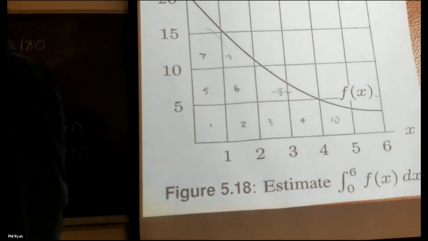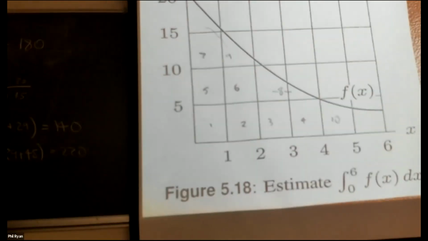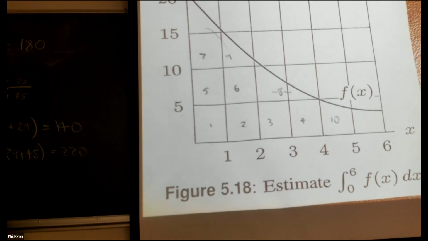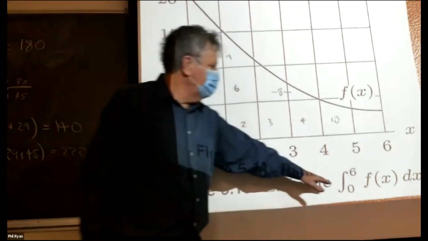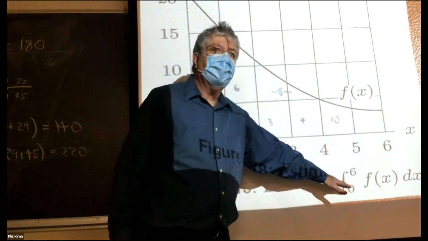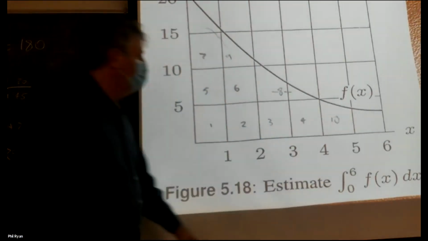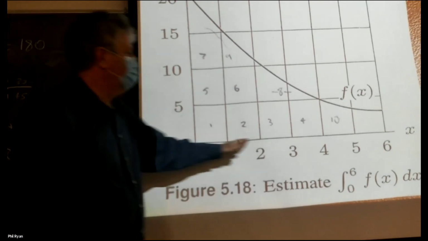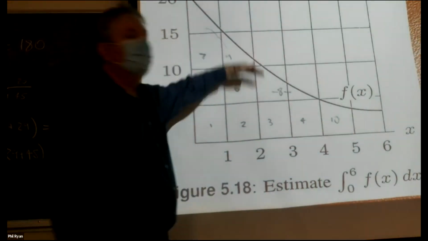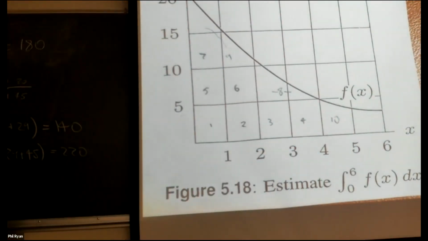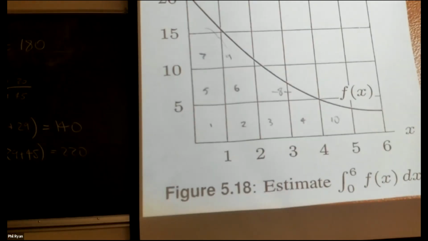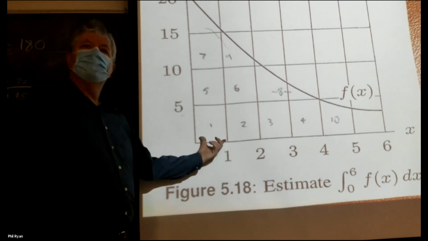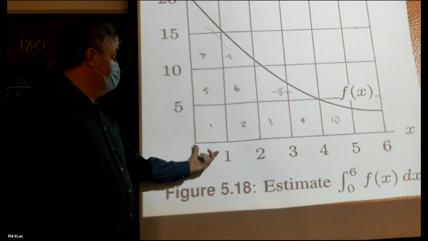Okay. Here's an example of a graphical problem. Again, you're told to find an integral. Okay, and so we know it's going to be from 0 to 6, and it's going to be the area underneath that curve. Now, the things that you could use to guide you are these squares, these rectangles, right?